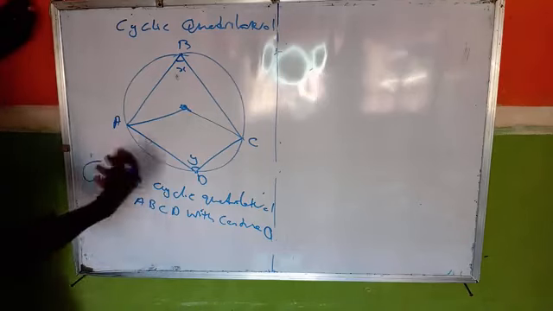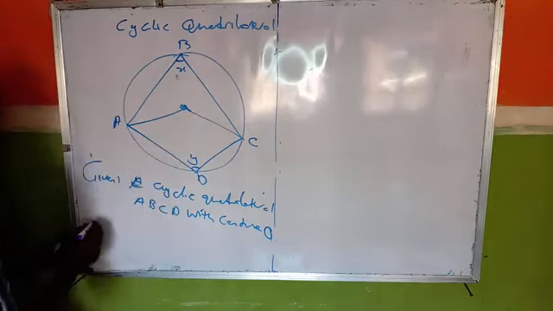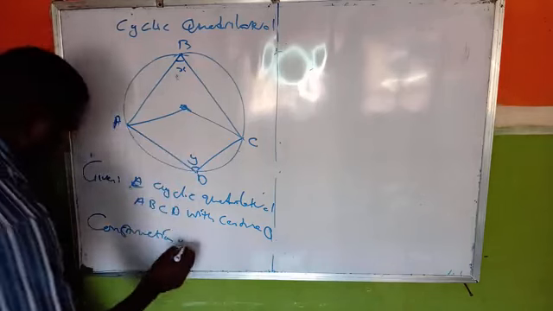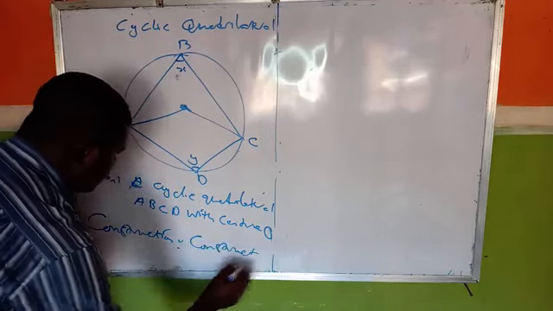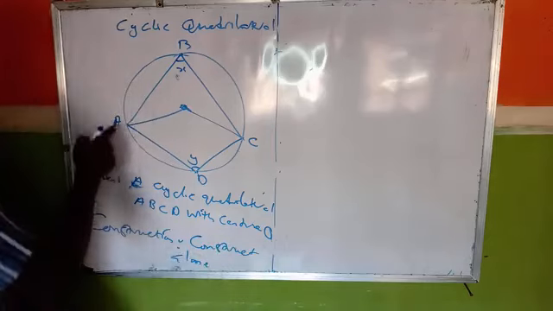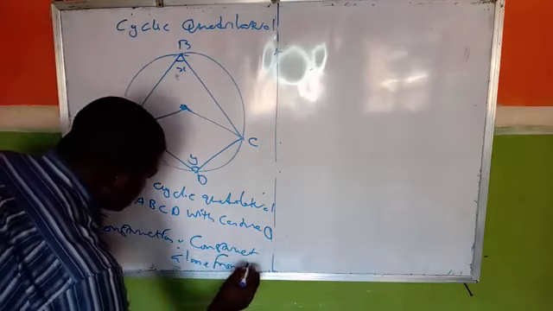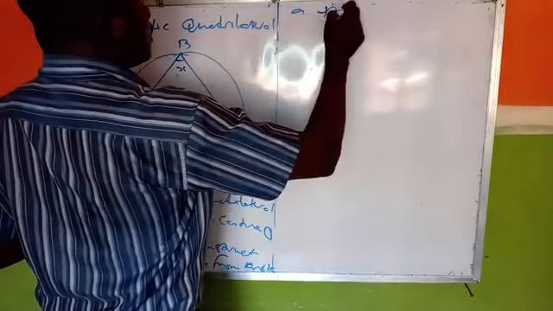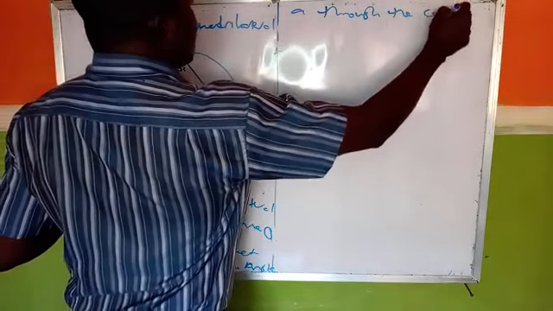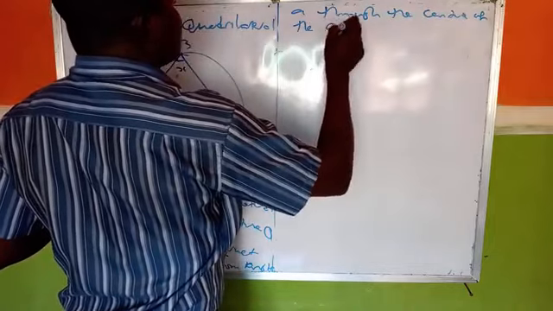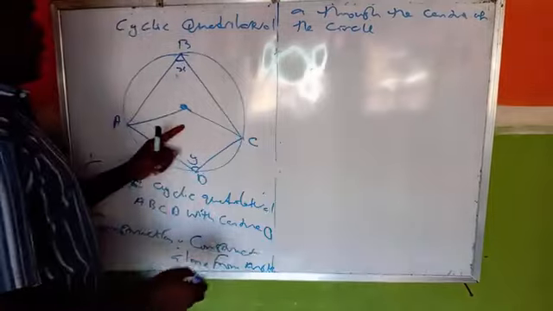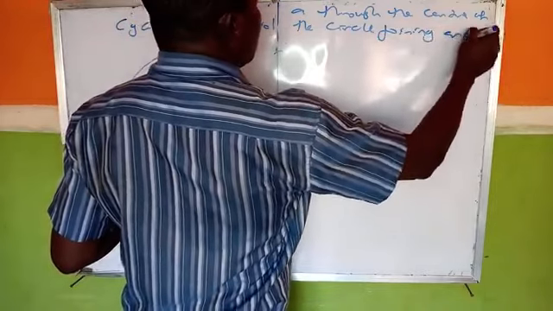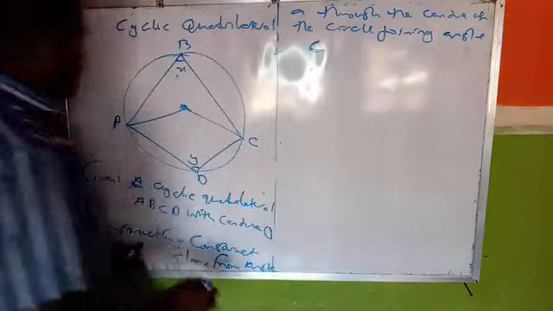Then, for the construction, what you construct is a line from angle A through the center of the circle, joining angle C. So that's it.